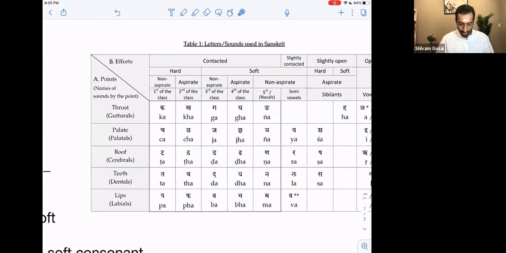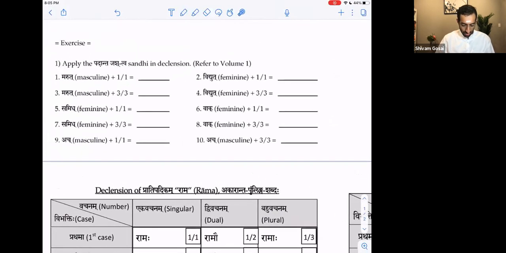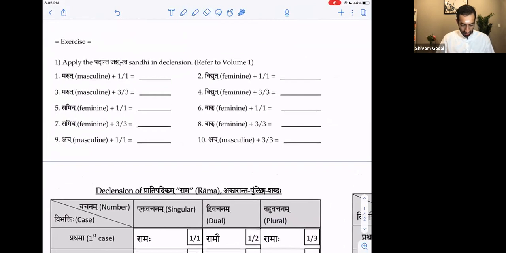Just to see where this happens quickly, let's look at 1, 5, 9 right now. Marut, we haven't seen this shabda yet, but marut 1-1 is takara ending. The pada ends with takara, so it can be soft: marut or marud. Number 5, samit: dhakara will become dakara, samid.